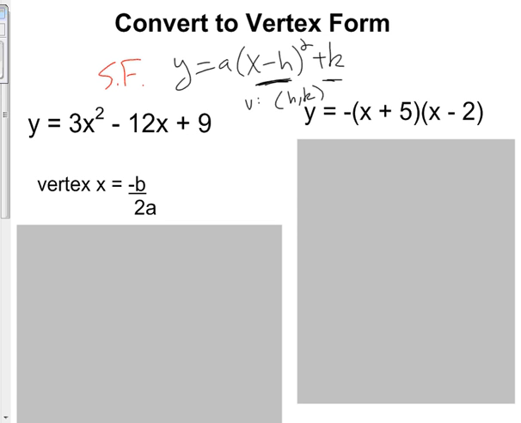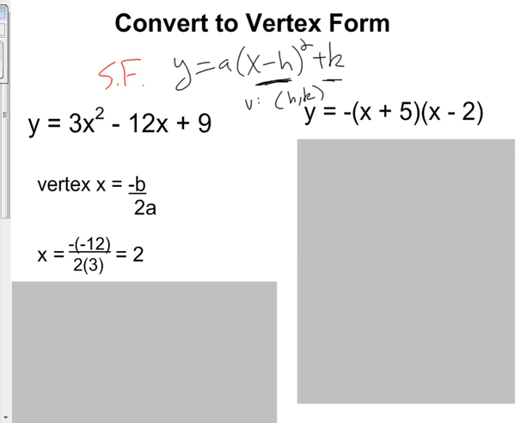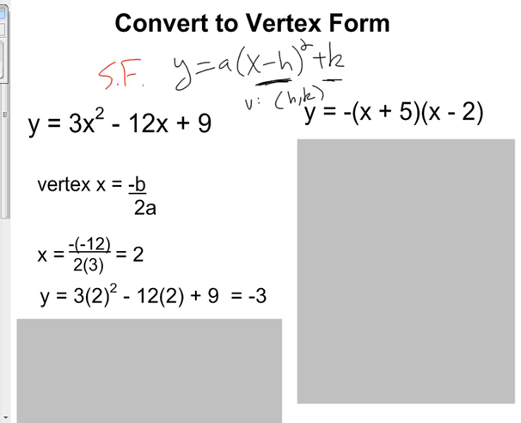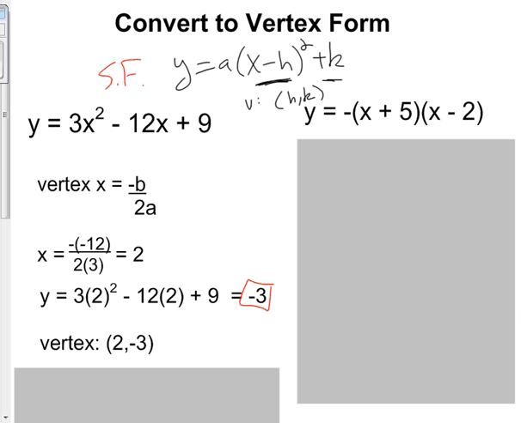That's where the x is. So the vertex is negative 12 over 2 times 3, which is 2. Then if I want the y value of the vertex, I'll plug 2 into the original equation, and that will give us negative 3. So then the vertex is located at (2, negative 3).